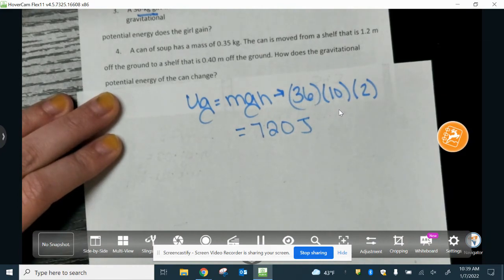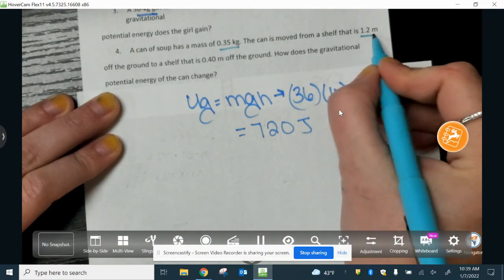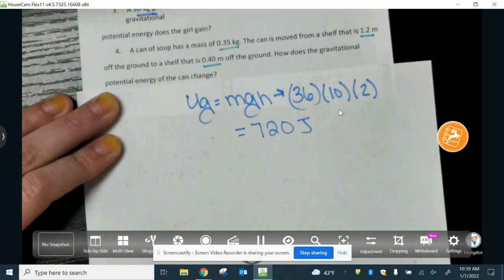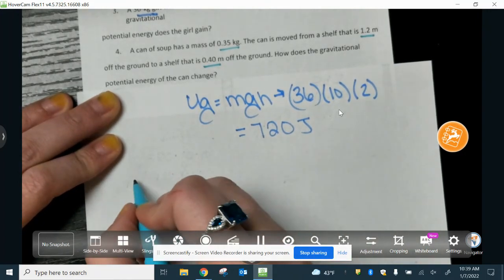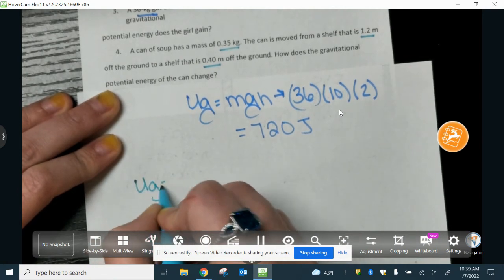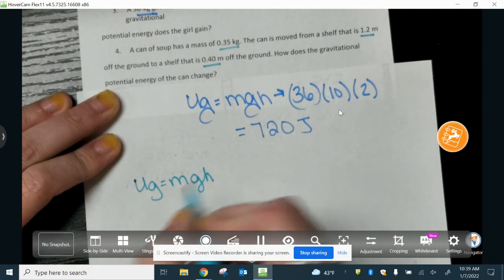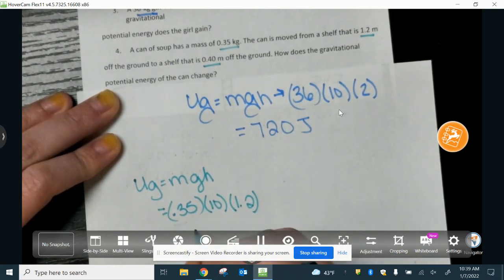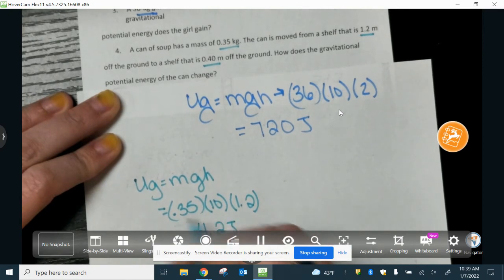A can of soup has a mass of 0.35 kilograms. The can is moved from a shelf that's 1.2 meters off the ground to a shelf that's 0.4 meters off the ground. How does the gravitational potential energy of the can change? So at first, it goes mass, gravity, height: 0.35 times 10 times 1.2, 4.2 joules.